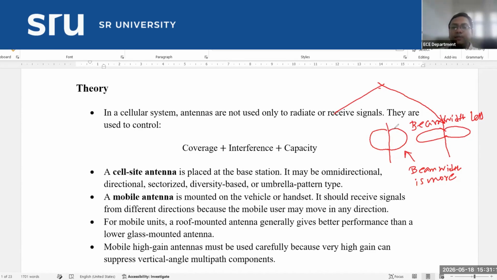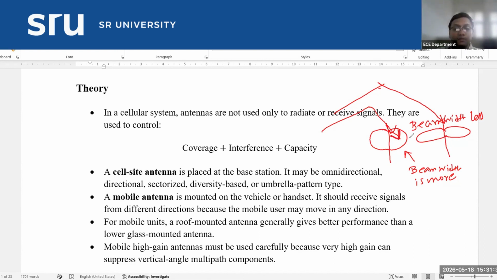Whereas if the beam width is more, after reflection, if the same signal penetrates through this region, then it can be received because there is no null in this area.